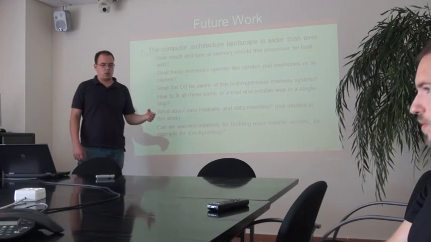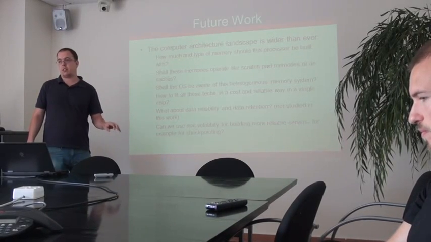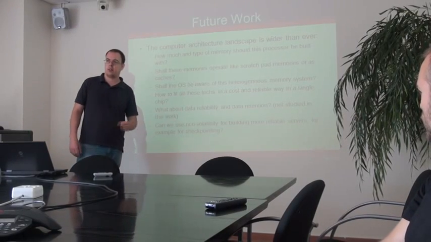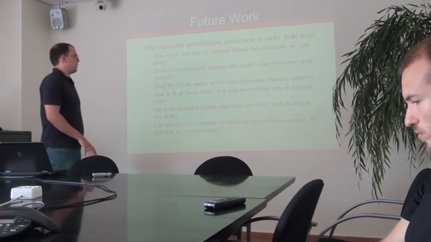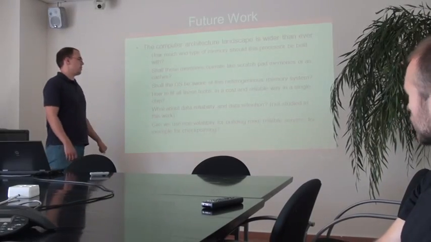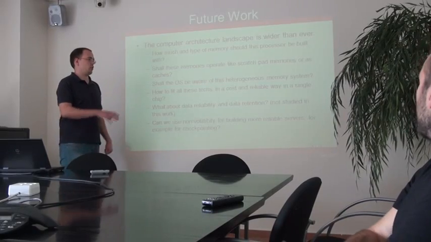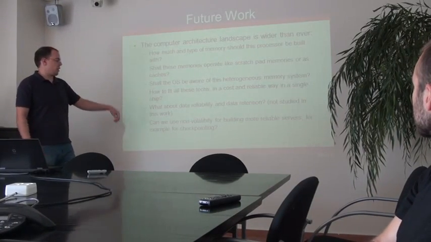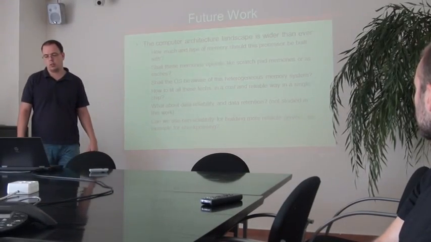Shall this memory operate like a scratchpad memory managed by the programmer, or will it be like hardware-managed caches? Shall the operating system be aware of this heterogeneous memory system? How to fit all these technologies in a cost-effective and reliable way in a single chip? I said something about data reliability and data retention that was already in this work.